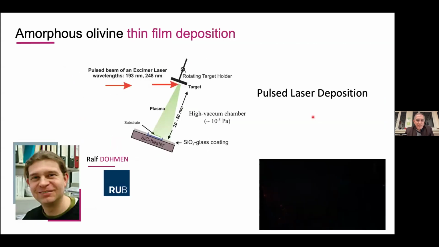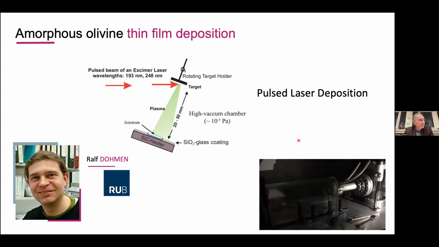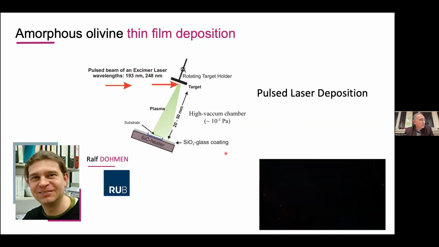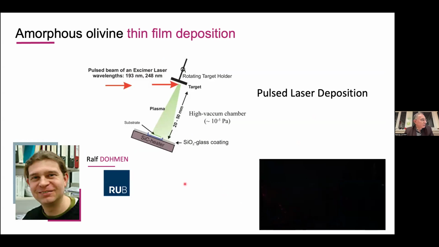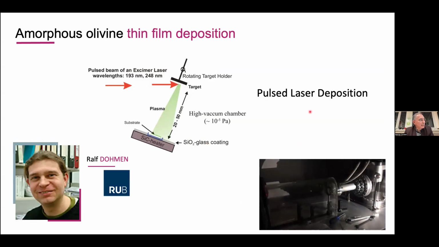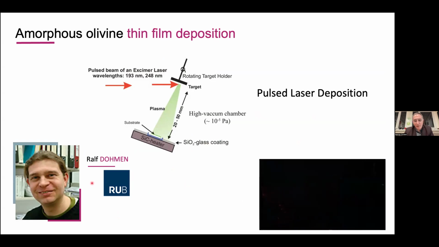The problem is that amorphous olivine is not easy to produce. It's possible here to do that by pulsed laser deposition. This is done at Ruhr-Universität Bochum by Ralph Domen.